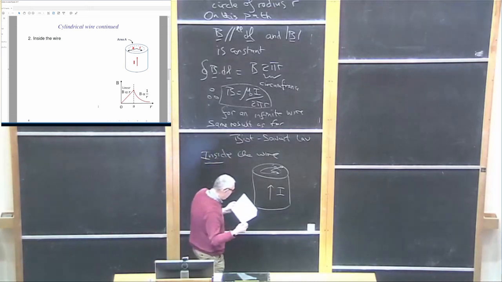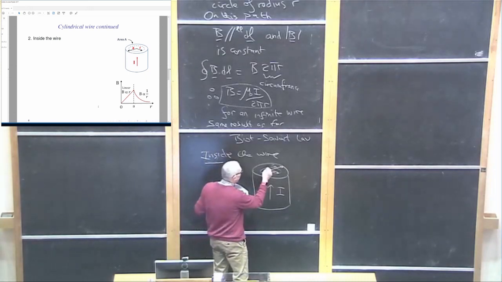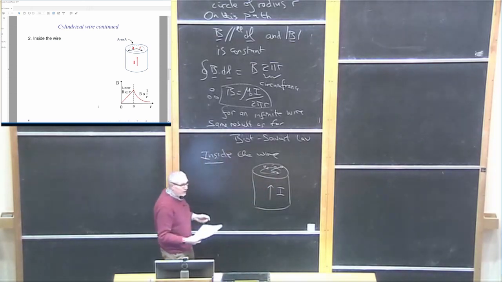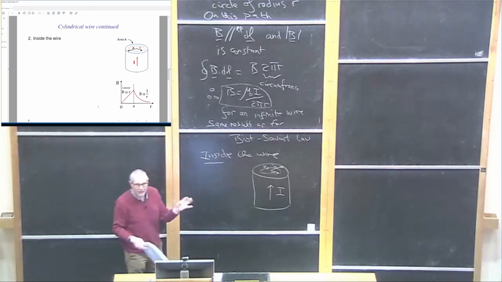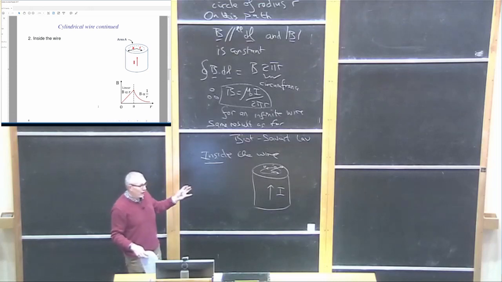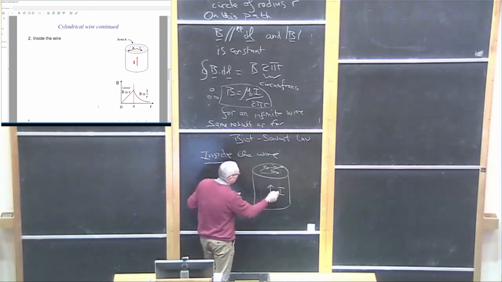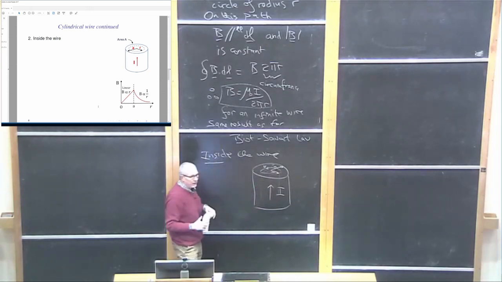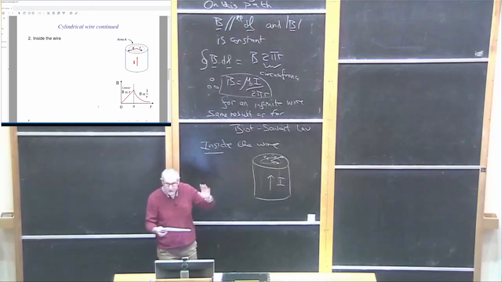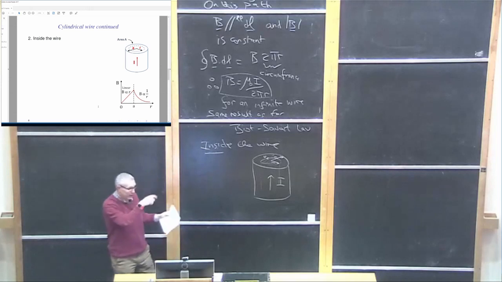Again, because of the symmetry of the problem, the field will be azimuthal, it will go round like this. But now this is the really neat thing with Ampere's law. The only bit of current that contributes is that part of the current which is inside the loop. So you take Ampere's law literally, it's the current enclosed within the line you've taken.